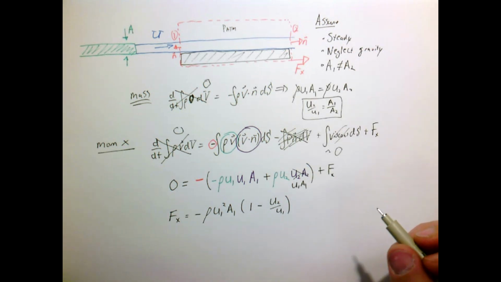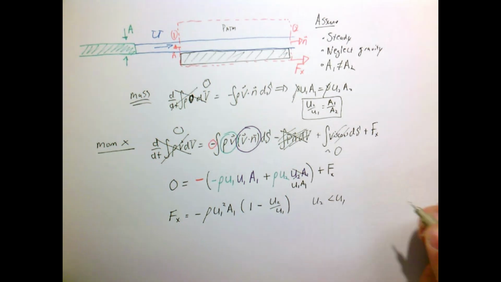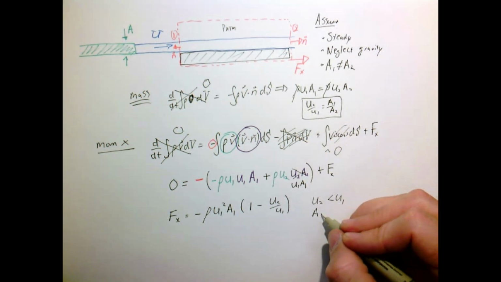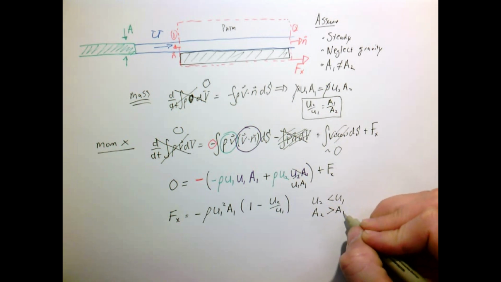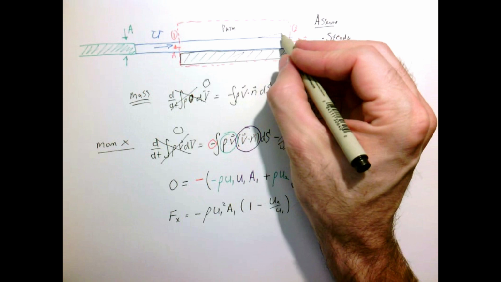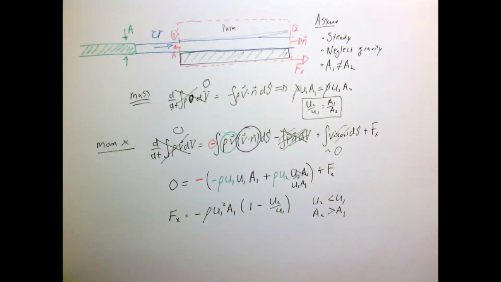And so that tells us that u2 should be less than u1, which, if we look at this expression here, tells us that a2 should be greater than a1. So the jet should come in narrow and fast, and it should thicken a little bit if it does anything. Now we can relate how much it's thickening to the viscous stresses.